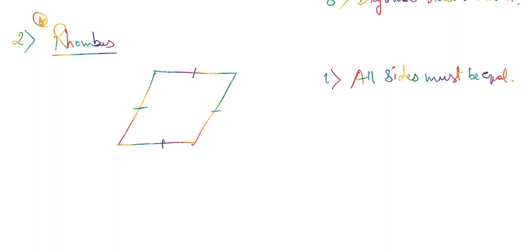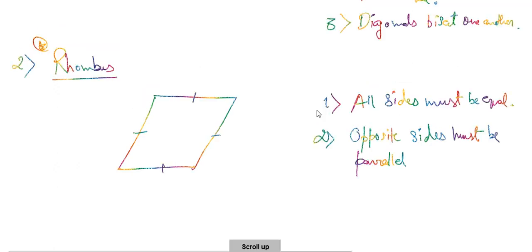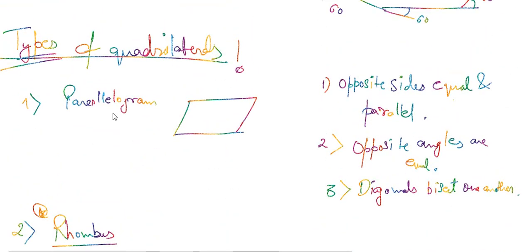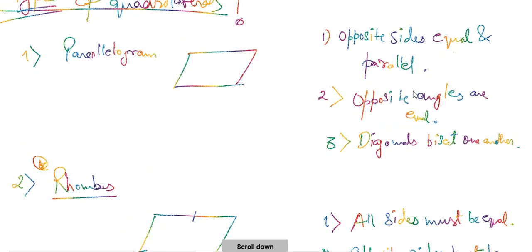Then my opposite sides must be parallel. Clear? Likewise in my parallelogram, opposite sides are equal.